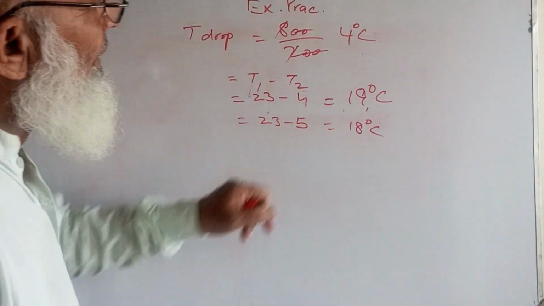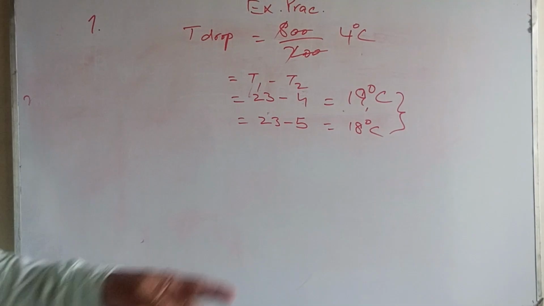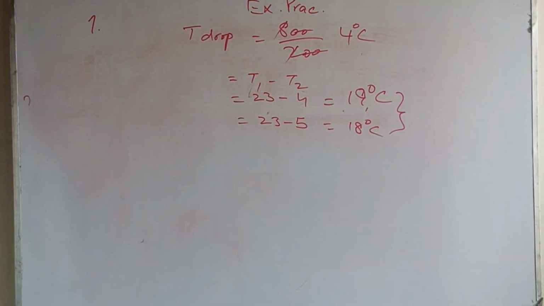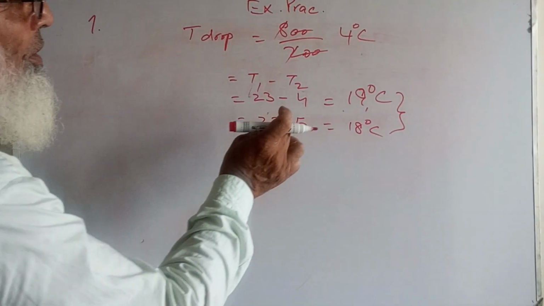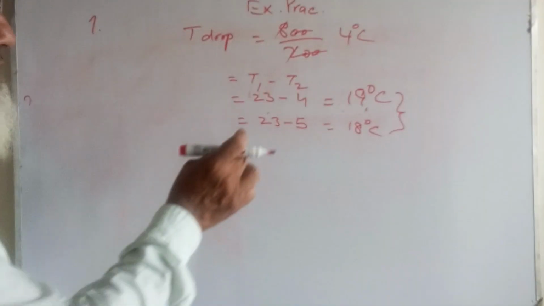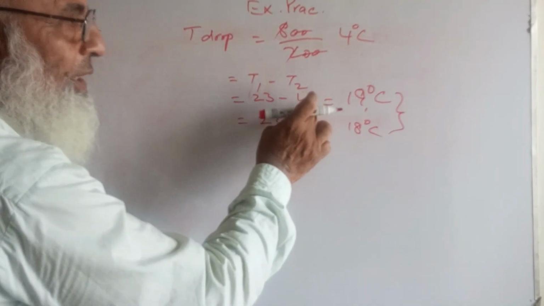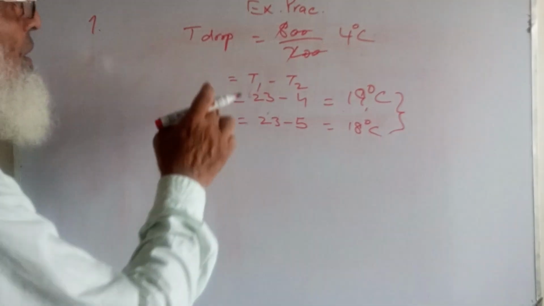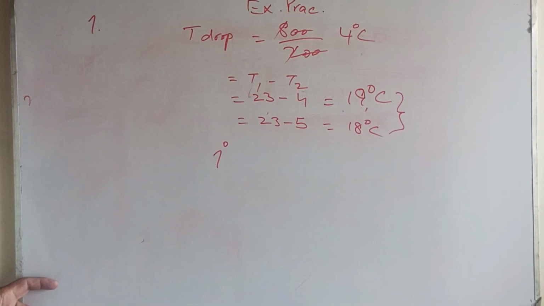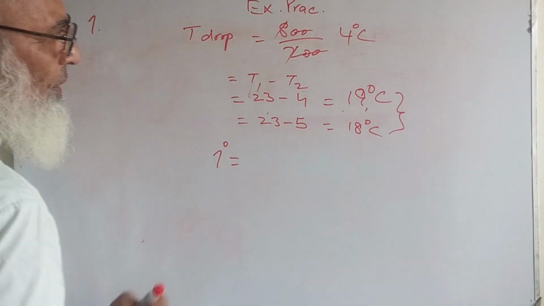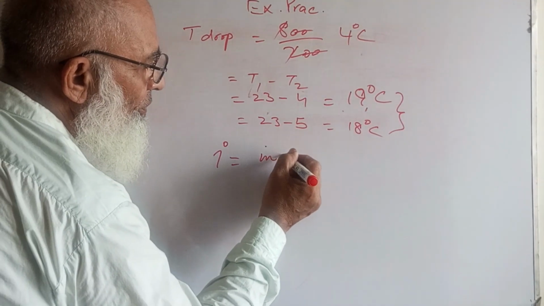You see, when it was 4 degrees, now it is 5 degrees. So the temperature drop is 1 degree, and we have to find the increase in height.